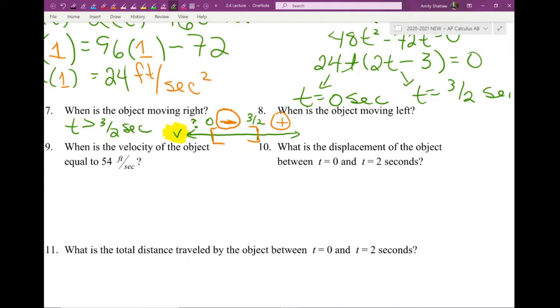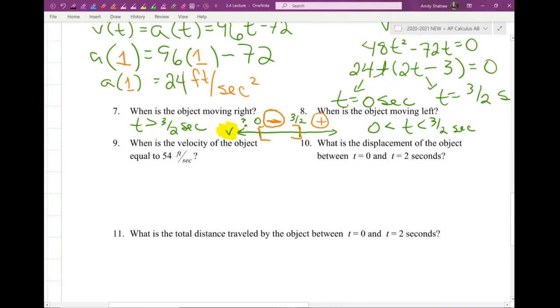All right, so when is my object moving left? My object is moving left when I am between 0 and 3/2 seconds. Now, there is one other thing I'd like you to do here: go ahead and, again, for the graders, state that if v of t is positive, that's when I find out that I'm moving right.